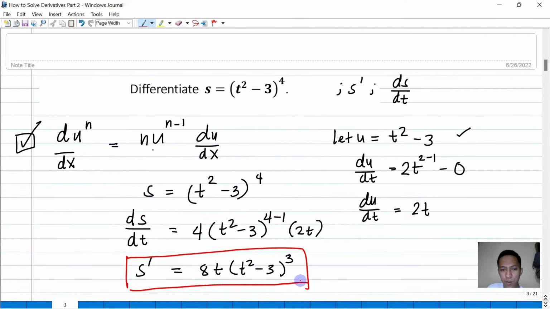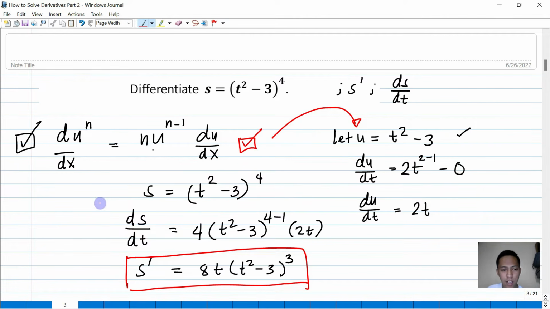Okay, so that's how you get the derivative. So follow lang natin, guys, yung ating power formula. You might use substitution if medyo nako-confuse pa kayo sa formula. But if you practice more, you don't have to do this step here.